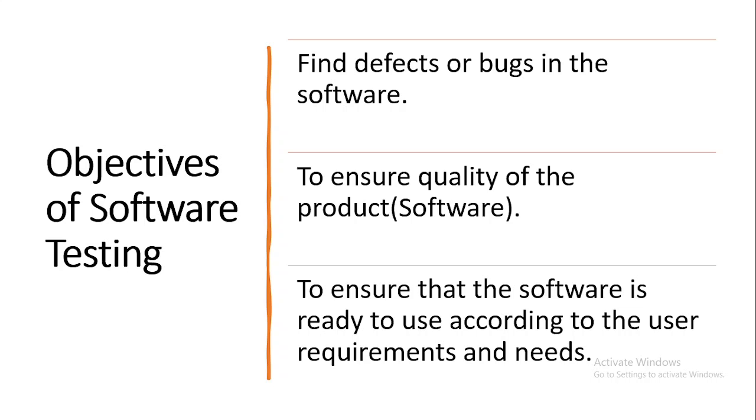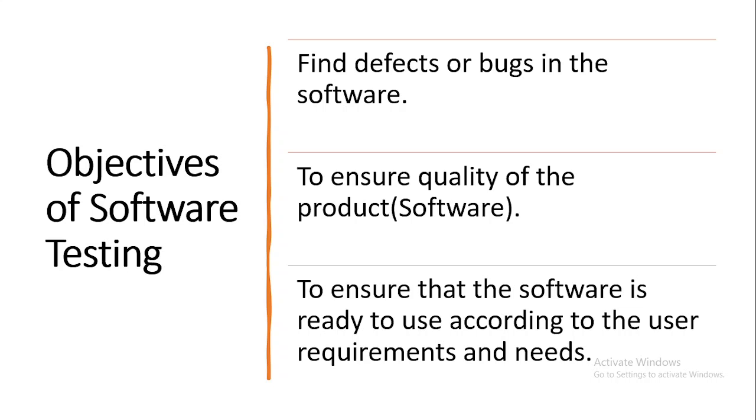What do we mean by ensuring the quality of the product? Let's say we have an e-commerce website, and it's Black Friday and there's a lot of sale going on. A lot of people are using the website to buy stuff, and let's say it crashes because so many people are using it at the same time.